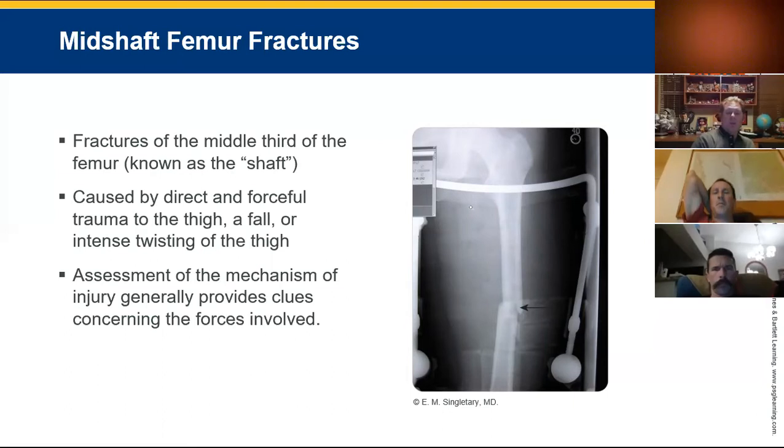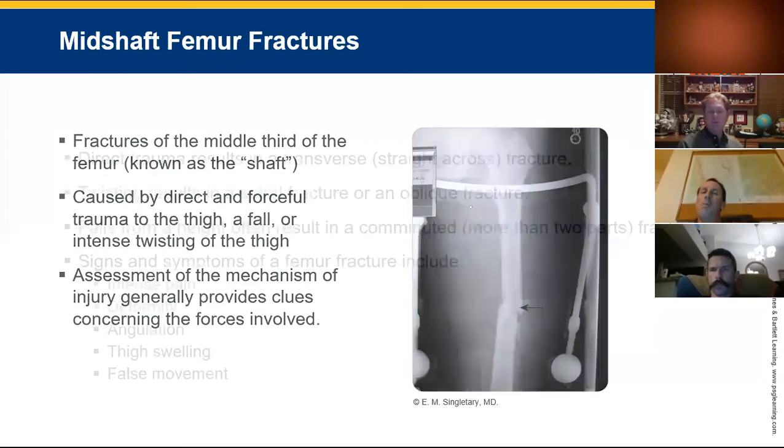The thing with femur fractures is once you apply traction, you usually are told right away that they feel better, because your biggest muscles are in your thighs, and those are spasming to keep that from moving around.